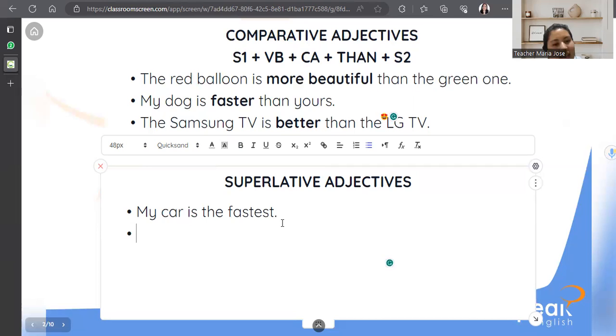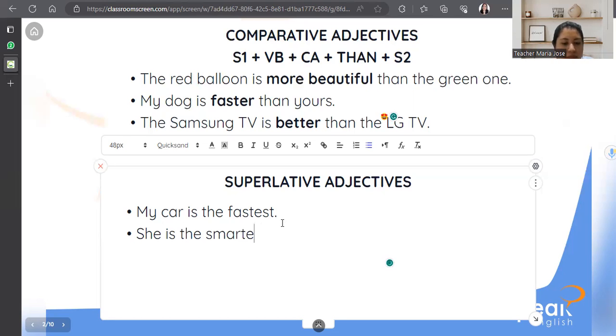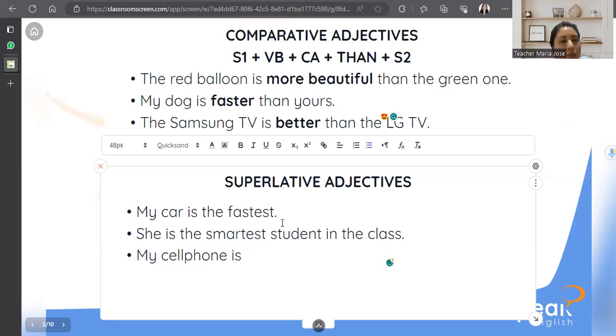All right. What about another example, Julio? She is the smartest student in the class. Okay. Alejandra? My cell phone is the most expensive. Is most or the most?